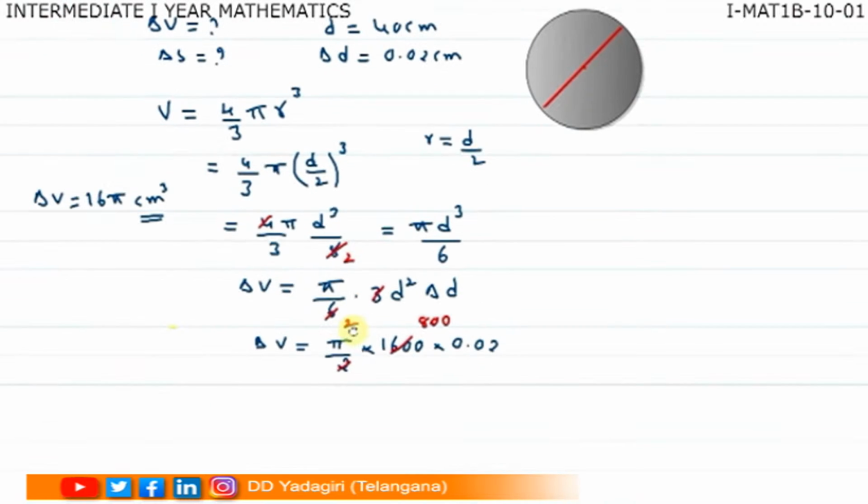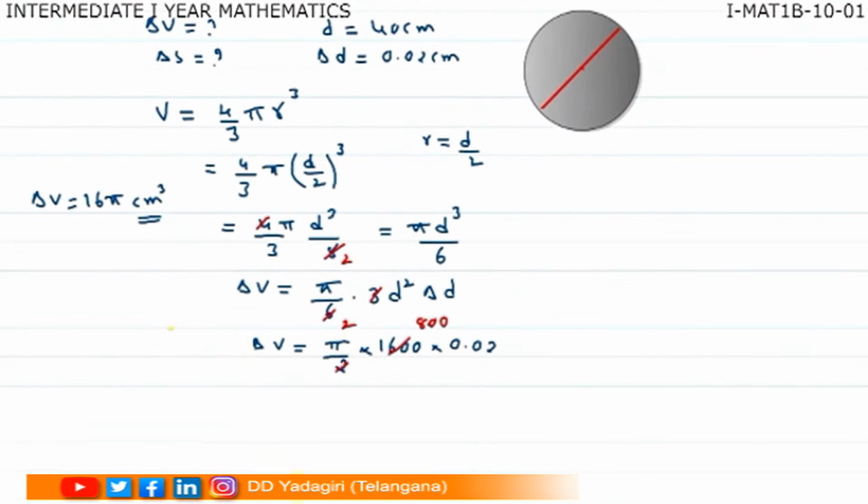Now the second one is to find out the delta S value. S is equal to, you know the formula, 4 pi r square. Now convert this in terms of D. This is 4 pi, this r is d by 2, so I will get d square by 4. Again the 4 gets cancelled. Differentiate this.